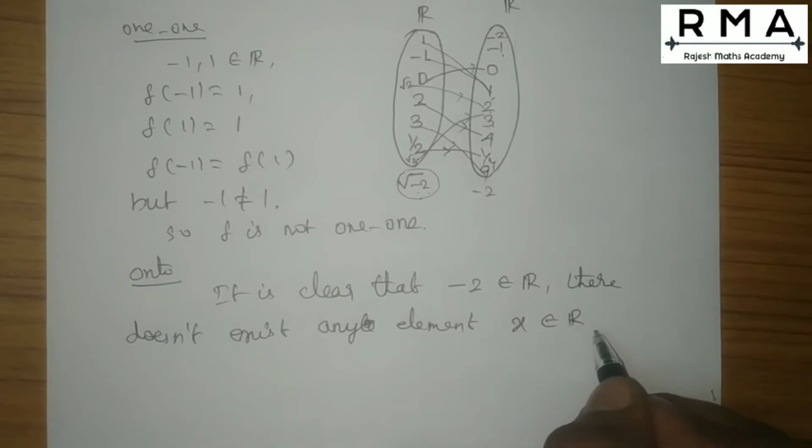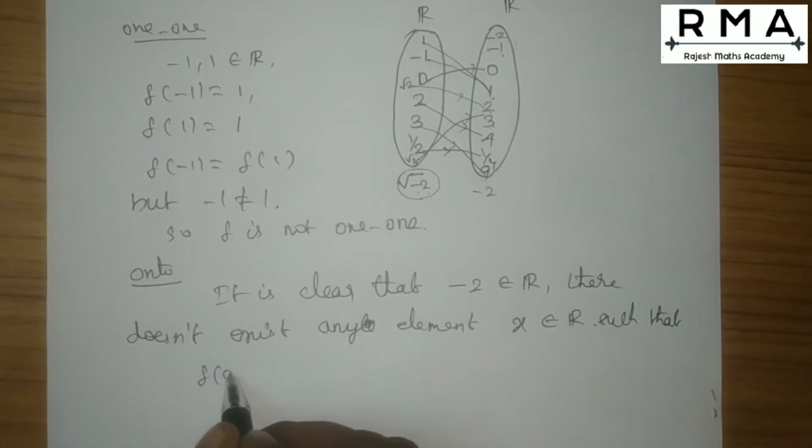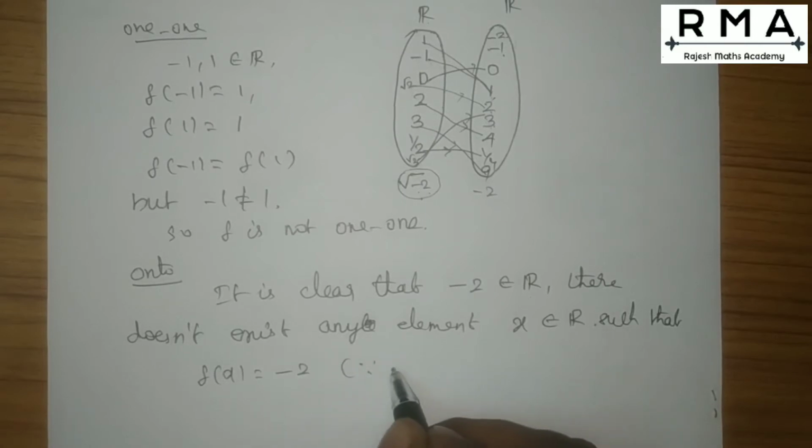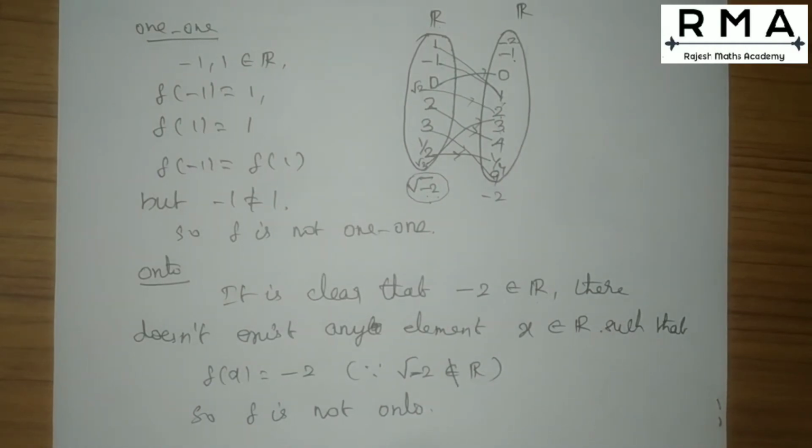There does not exist x belonging to R such that f of x equals -2, because root of -2 does not belong to the real number set. So I can say f is not onto. Clear? So one more question, the fourth question.